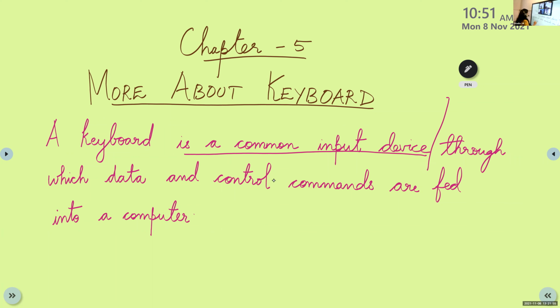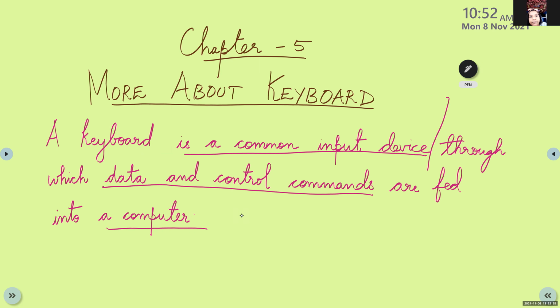It is used to feed data and control commands into the computer. Understand and learn the definition. Please don't learn it by heart. First we'll learn what a keyboard is, then we'll learn about its use. That's how we make a full definition.